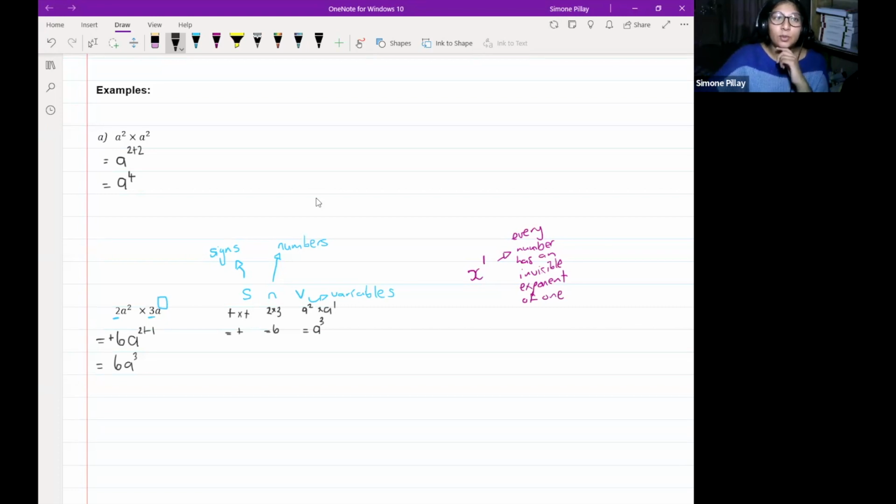If we combine all of this, we have a positive answer: 6 as my coefficient, and a cubed. This is the method I want you to use. Always use SNV. You always multiply your signs first, then your numbers, which are your coefficients, and then your variables.